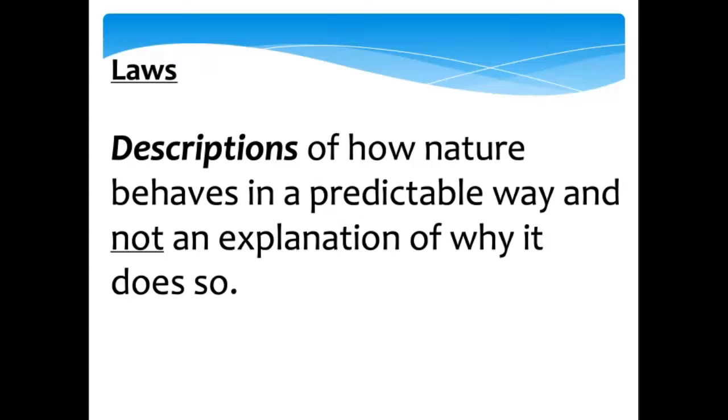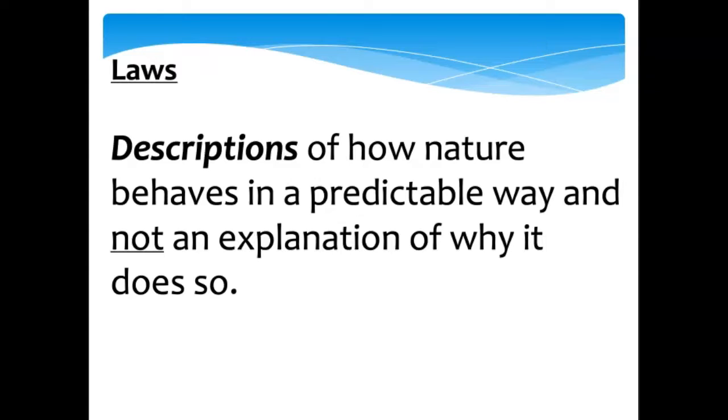It is definitely not an explanation of why it does so. So in that first example, Newton's first law, it doesn't say anything about why objects continue to stay in motion unless acted upon by an outside force. It just says that's what it does, right? And so laws are actually just descriptions and not explanations. Honestly, it's much easier to come up with a law.